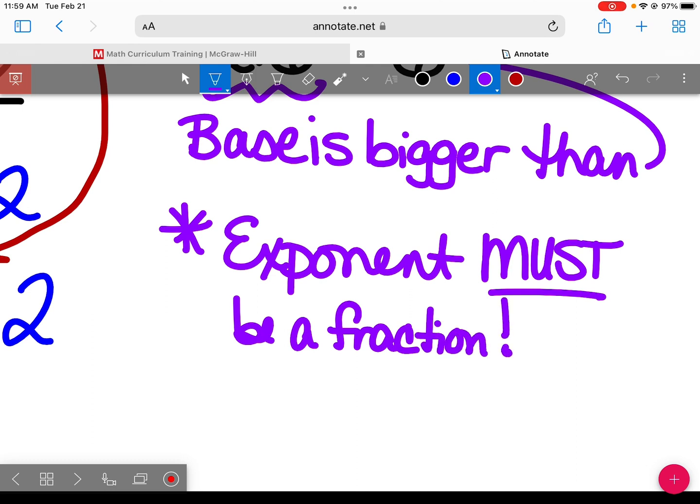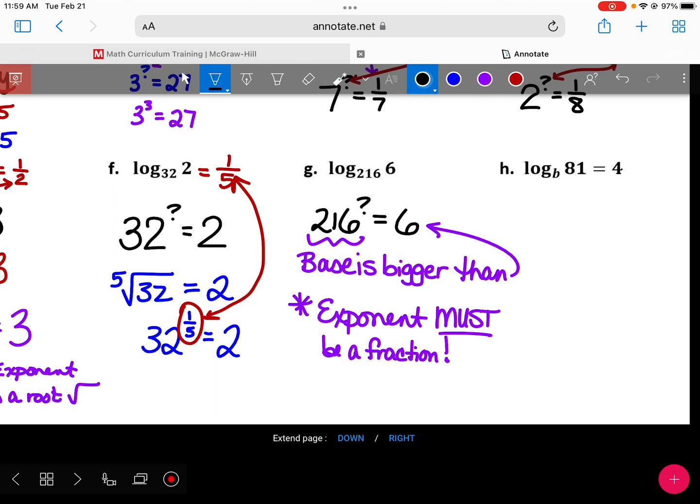If the base is bigger than the argument, then the exponent has to be a fraction. So then I can grab my calculator and just start doing some guess and check. 1/3.